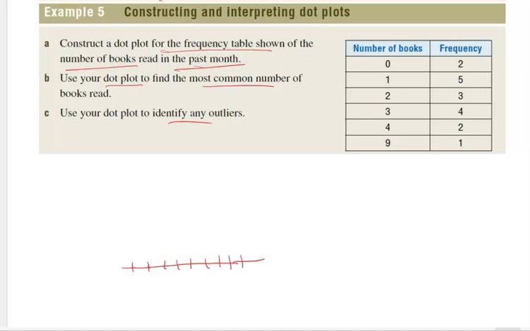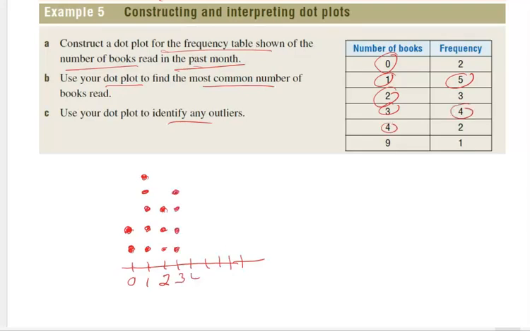How many do I need? So we have 0 books, and 2 people. And then for 1 book, that occurs 5 times in our set. 2 books, there's 3 of those. And notice how I'm trying to put these on the same line, so they're a bit of a grid. 3 books, there's 4.